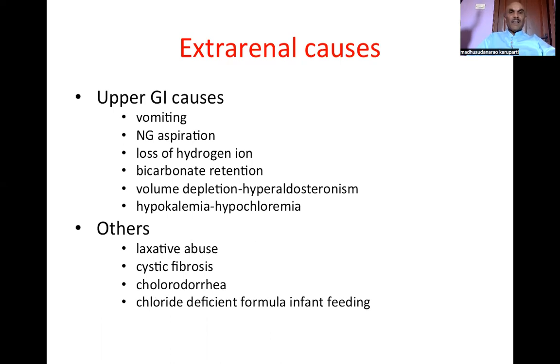Coming to the extrarenal causes, they include upper GI causes and others. The upper GI causes include persistent vomiting and NG aspiration, which lead to loss of hydrogen and excessive bicarbonate retention.